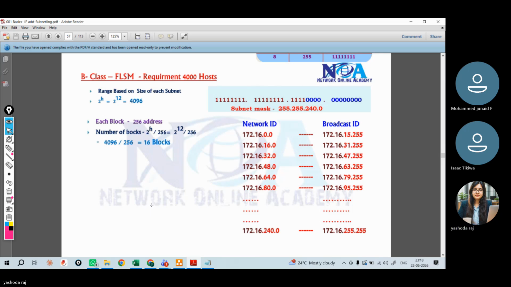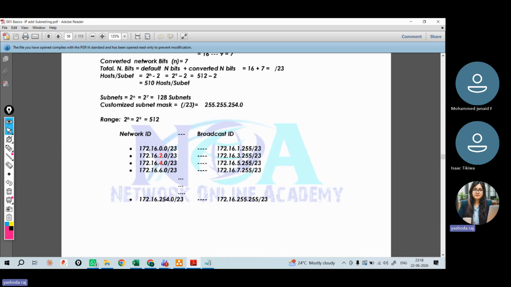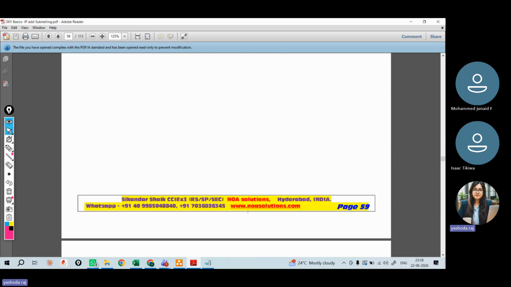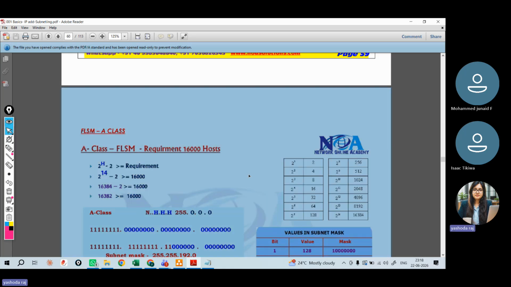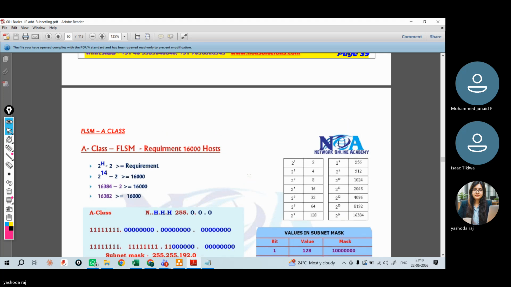Okay. So now try for class A. Same thing. You solve it for one class A, so then we'll go further. Requirement is 16,000 hosts for class A. Solve for that. Same thing, block size also comes here. Subnets and block size are important. You should identify the subnets and block size.